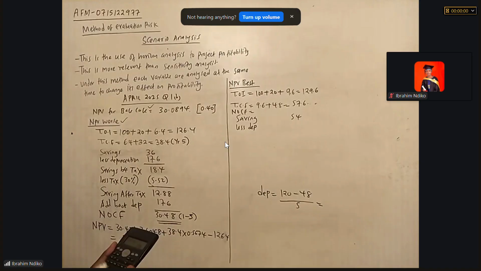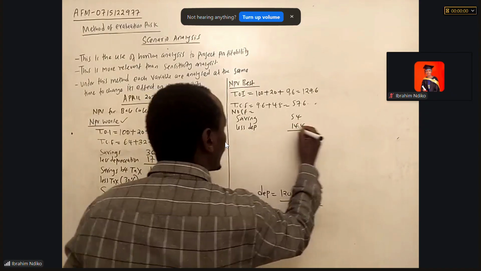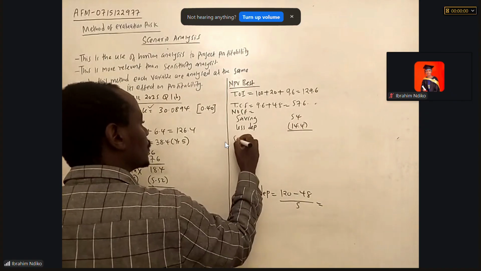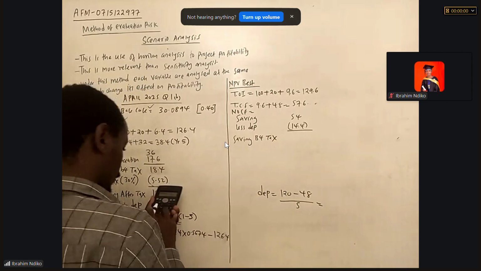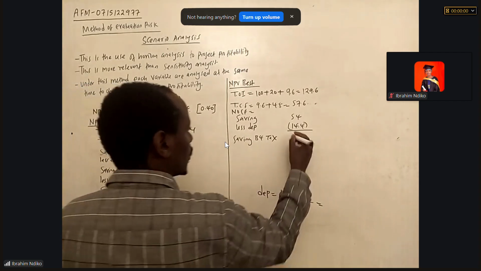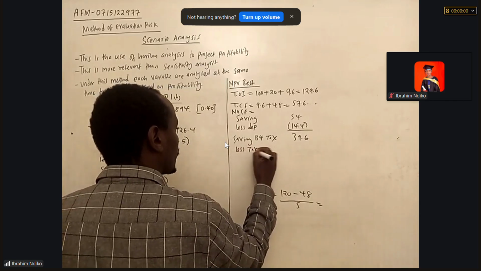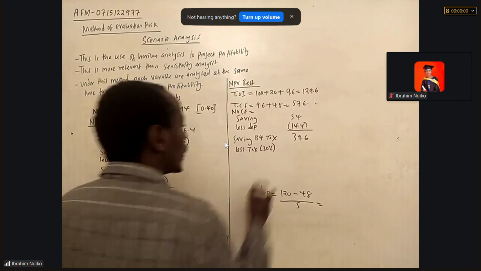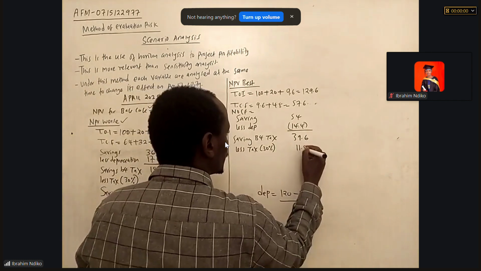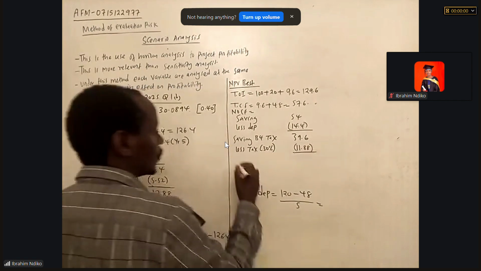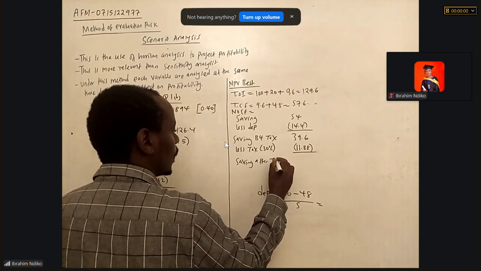So 120 minus 48 divided by 5, 14.4. So savings before tax minus 14.4, 9.6. Then you get tax, 30%. It is 11.88. We get savings after that.